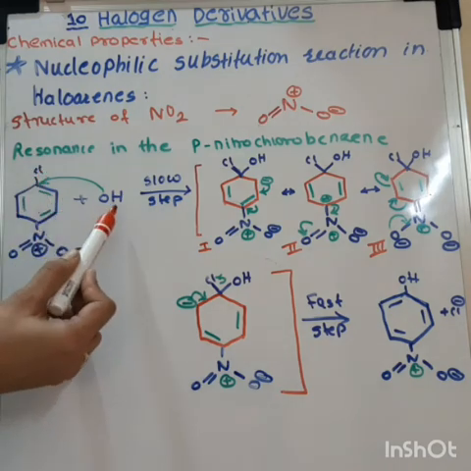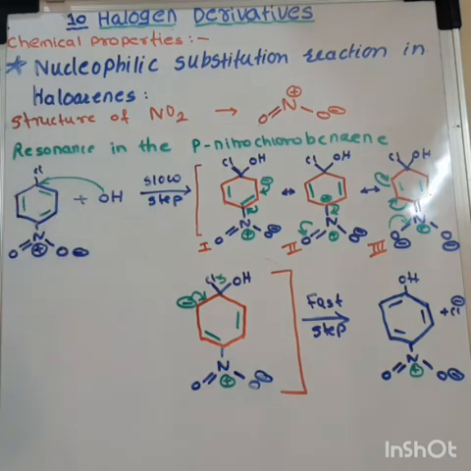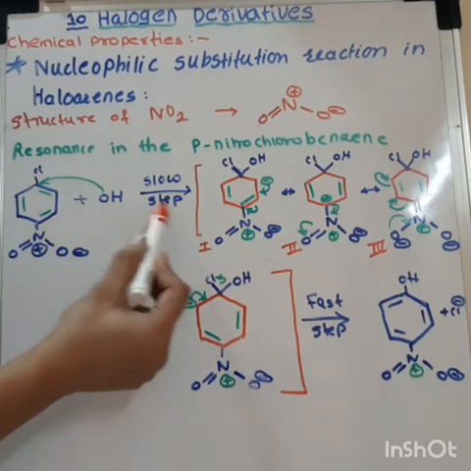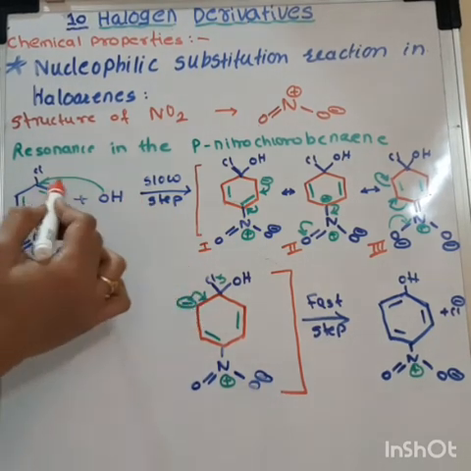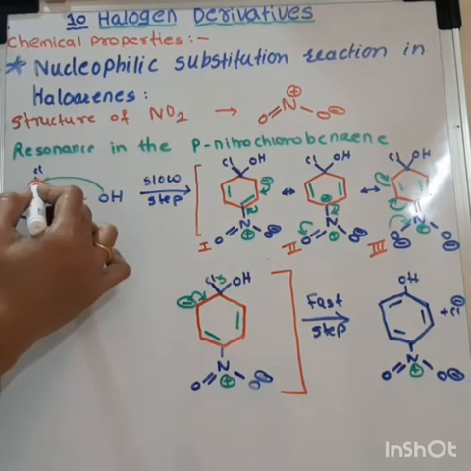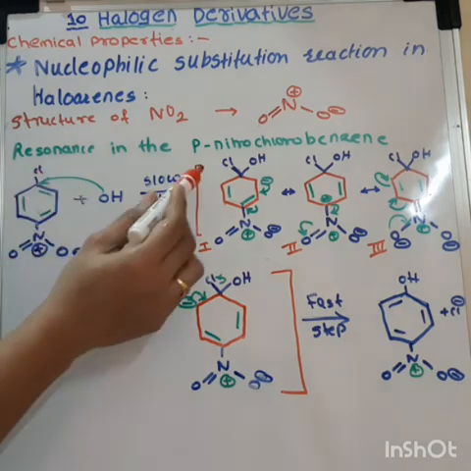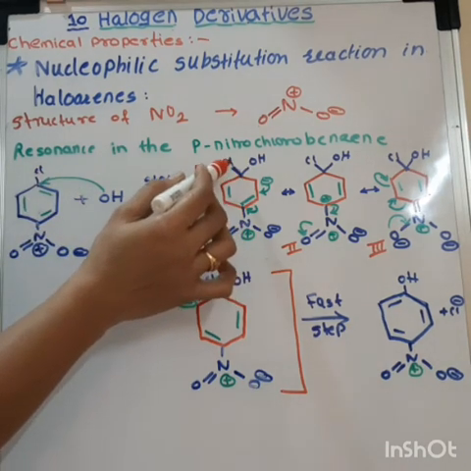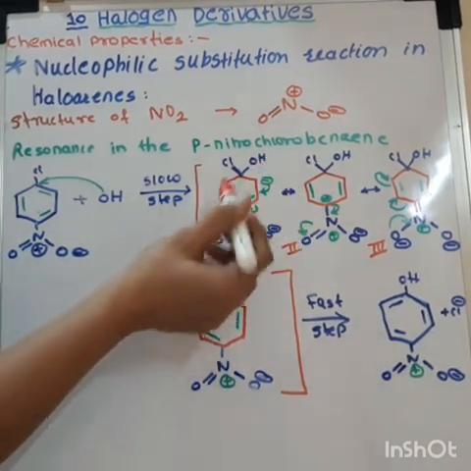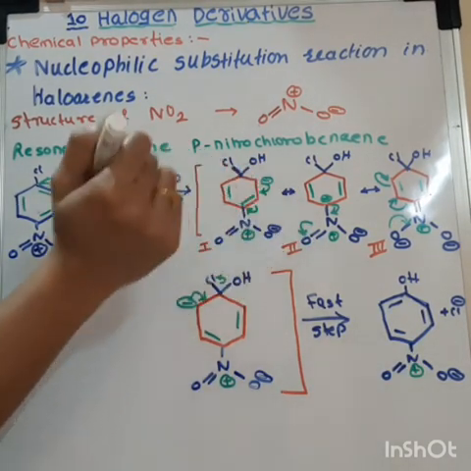So when the nucleophile is attacking para-nitrochlorobenzene, in the first step, that is the slow step, the nucleophile will attack the carbon atom number 1 on which the halogen is attached, and partially both chlorine and the nucleophile, that is hydroxide ion, are attached on the carbon.